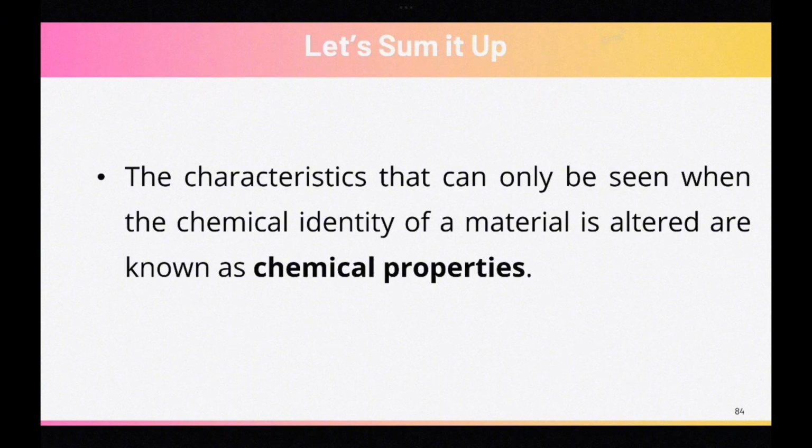So these two properties, physical and chemical, have different ways of defining them. Again, physical properties must be readily observable, and for chemical properties, the material must be altered.